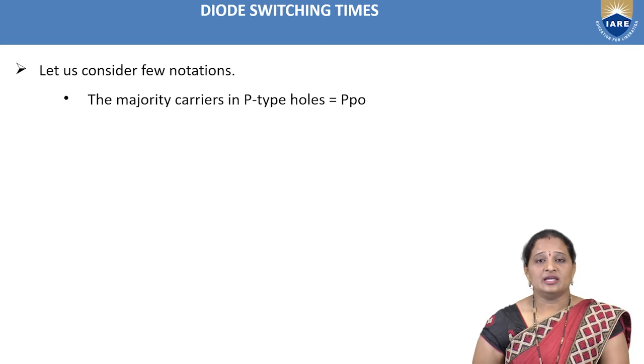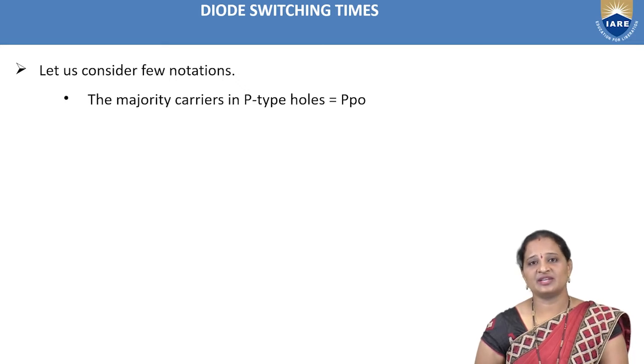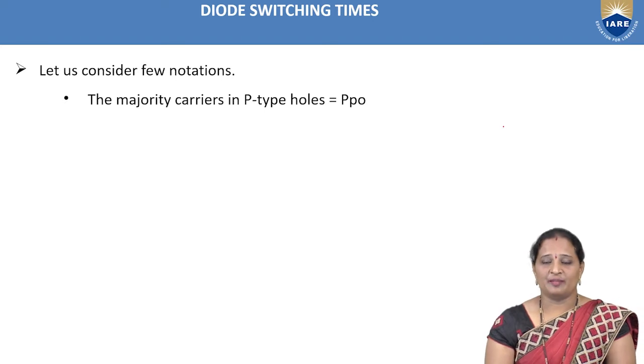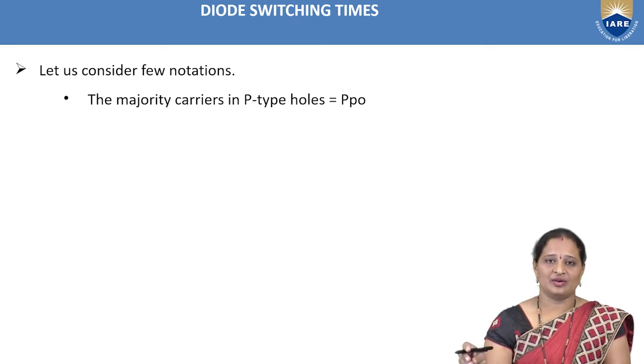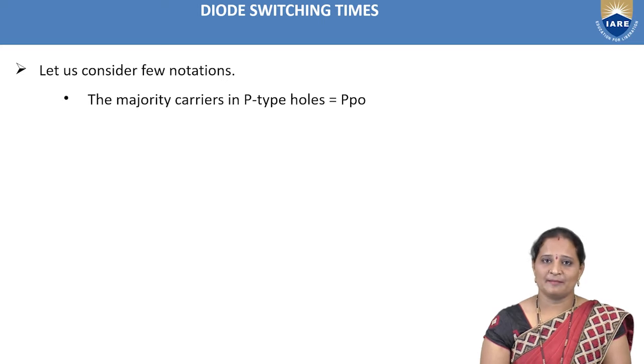The majority charge carriers in P-type, the holes, are represented with Pp0. As we all know, P-type and N-type semiconductors are extrinsic semiconductors, where we add trivalent impurities to the pure semiconductor so that we have holes as the majority charge carriers, whereas minority charge carriers are electrons.